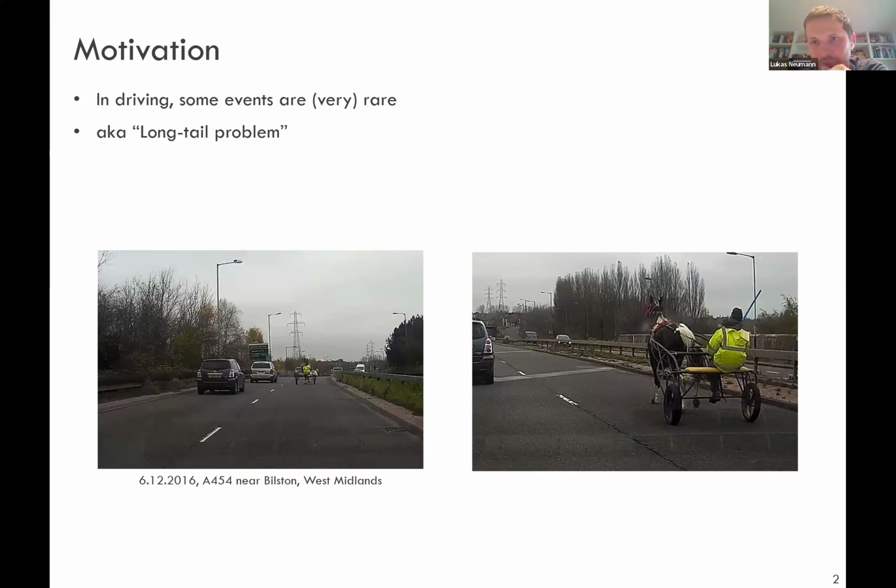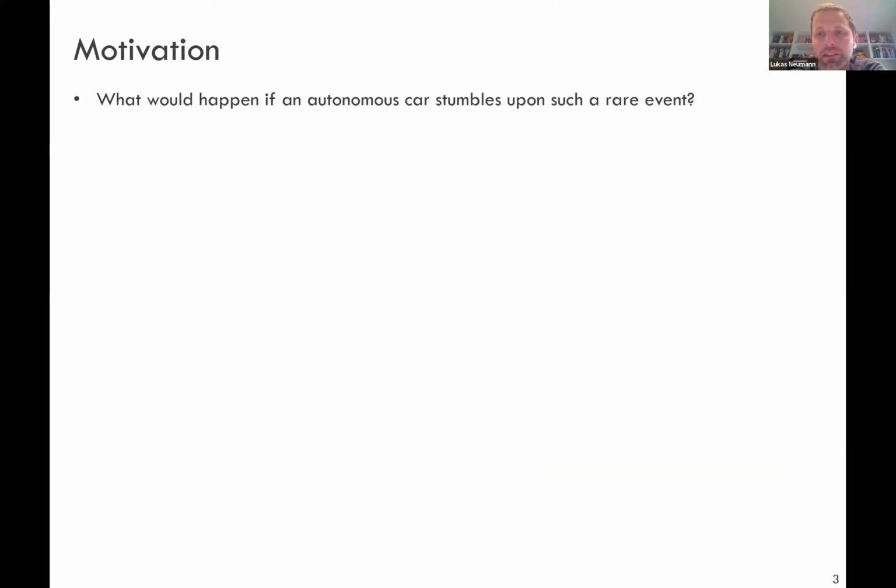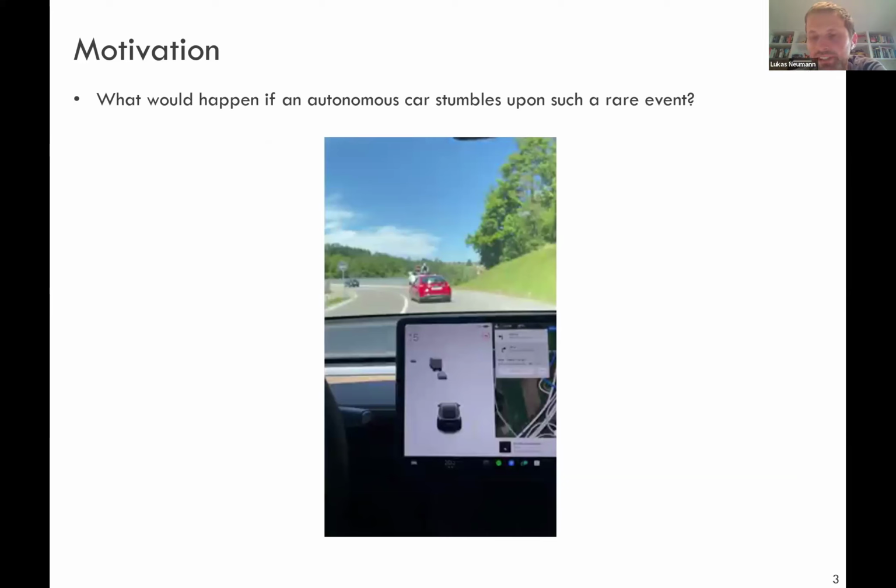So maybe let's quickly look at how rare these events actually are, just to give us some estimate, and also this is a motivation for why the methods that I'll be talking about are important.